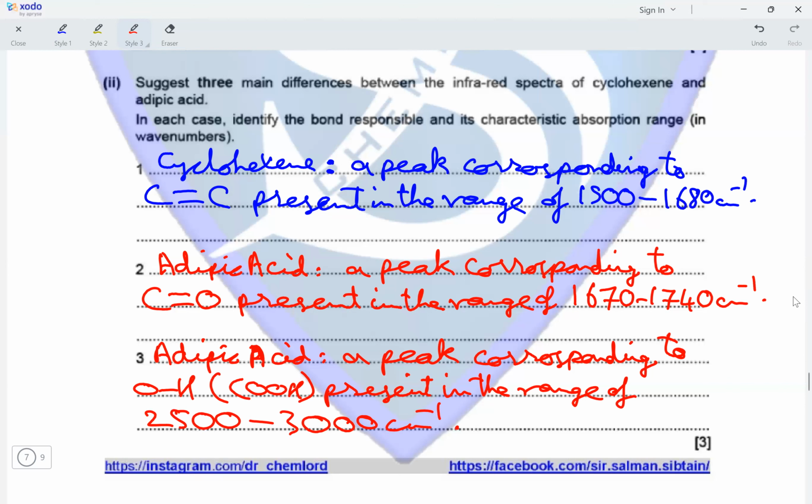So these are the differences between the two compounds and their infrared spectra that would help us differentiate between them.